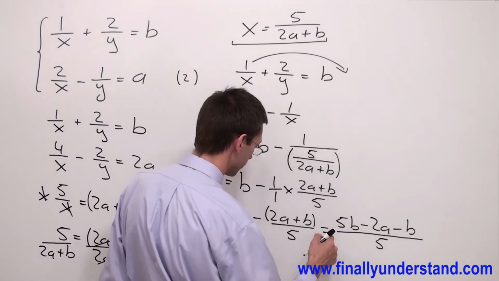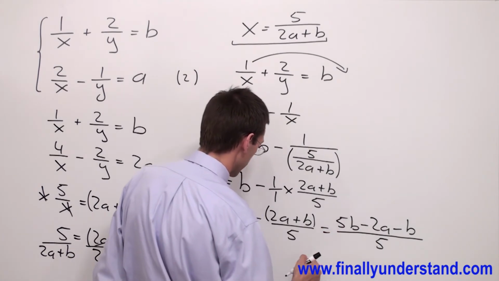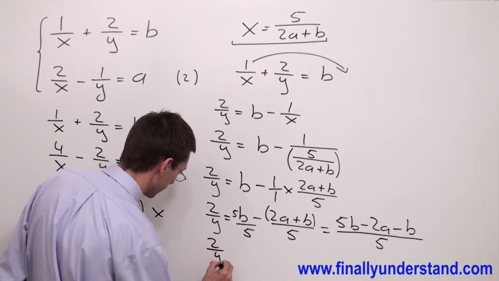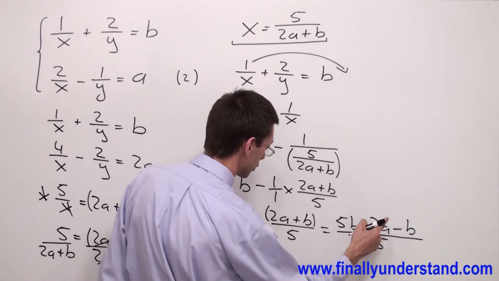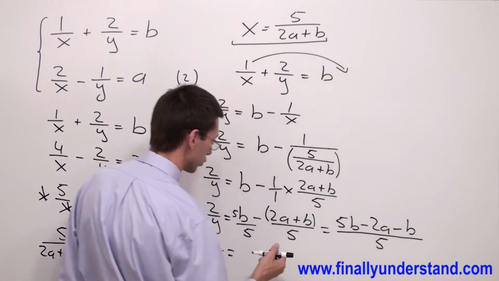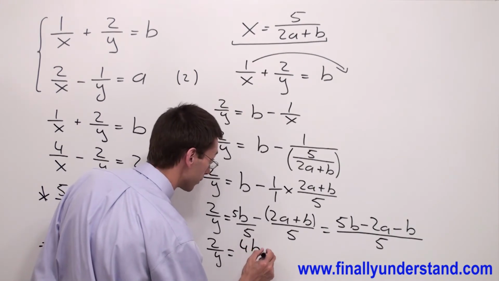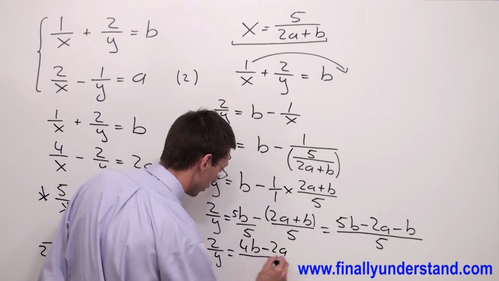That's why I end up with 5b minus 2a minus b. So you can rewrite this as 2 over y is equal to 5b minus b, you have to combine the like terms, is equal to 4b minus 2a over 5.